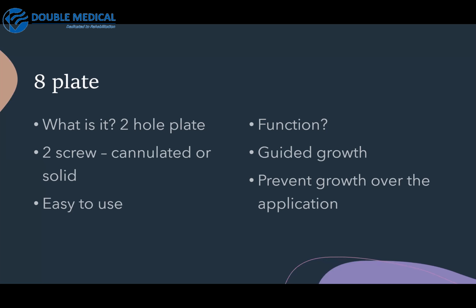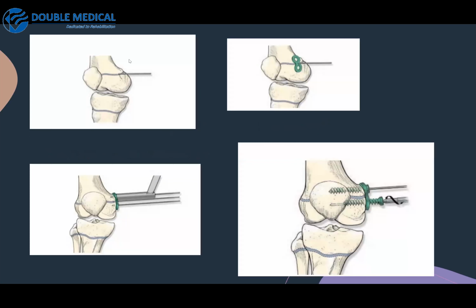For example, for a bowing leg, you put the 8 plate on the outer part of either the distal tibia, the proximal tibia or the distal femur, and lock it with screws, so the medial aspect of that bone can grow while the outer part stops growing temporarily.